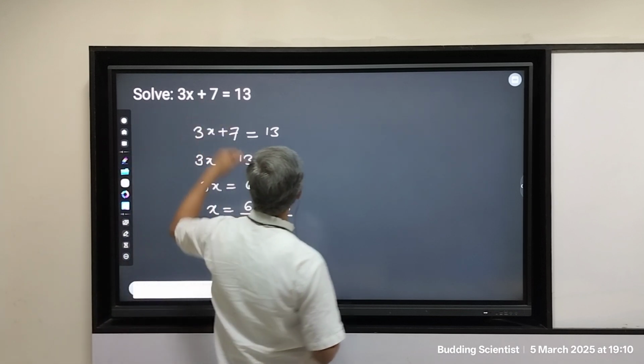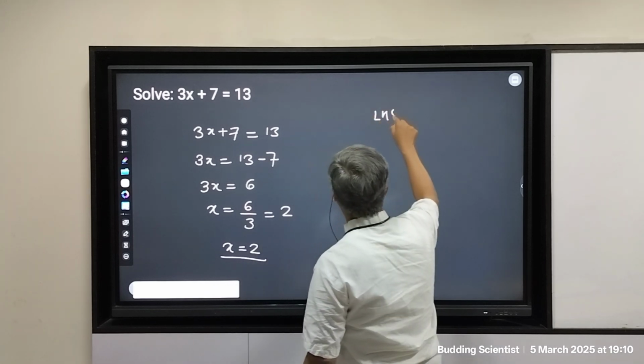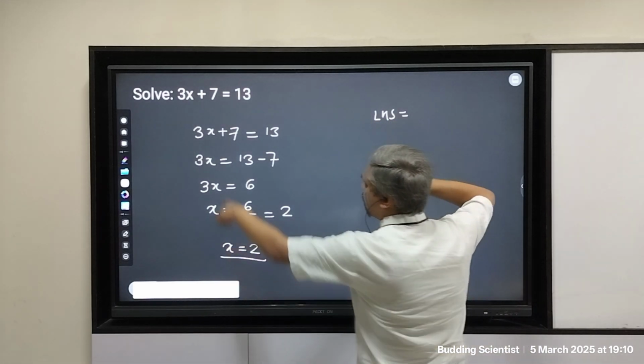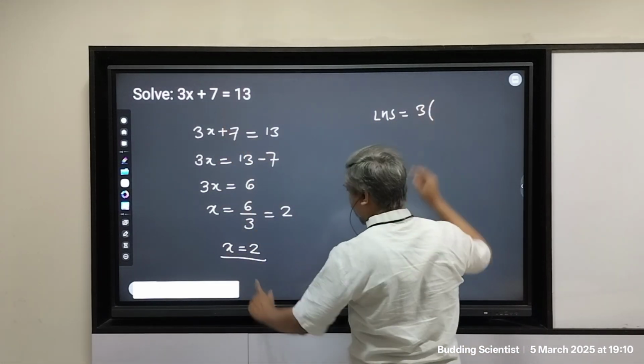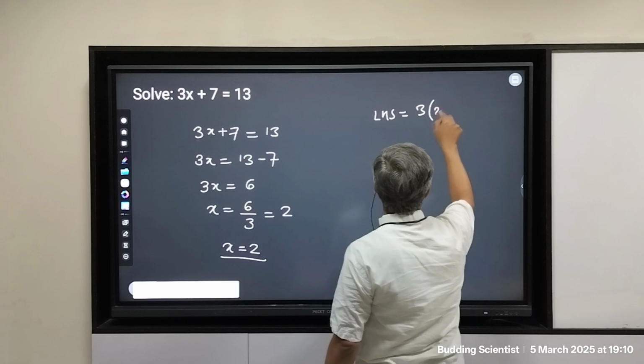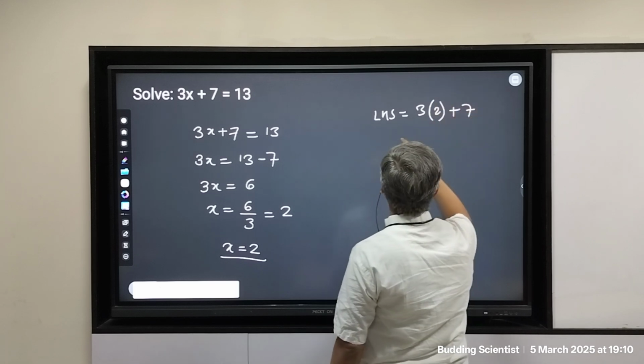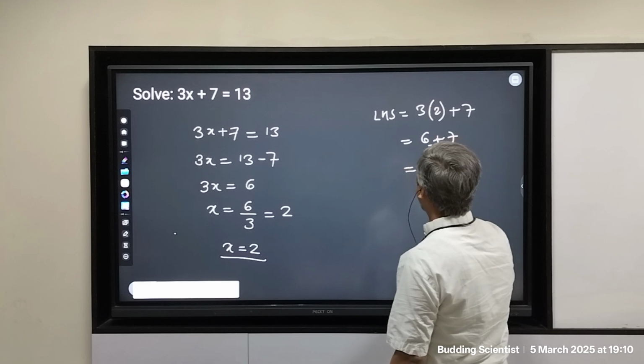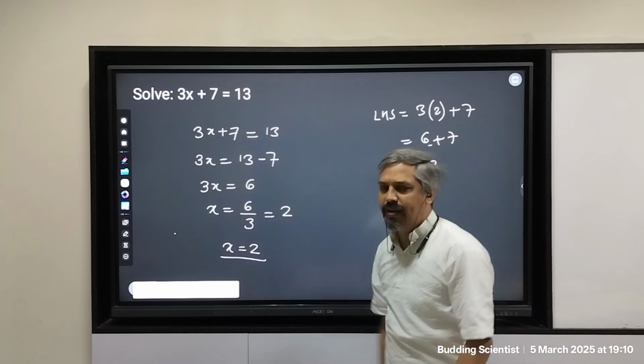Again, I'll put the value here to check. LHS, left hand side, is equal to 3 into bracket x, which is 2. 3 into 2 is 6. 6 plus 7 is 13. The answer is right.